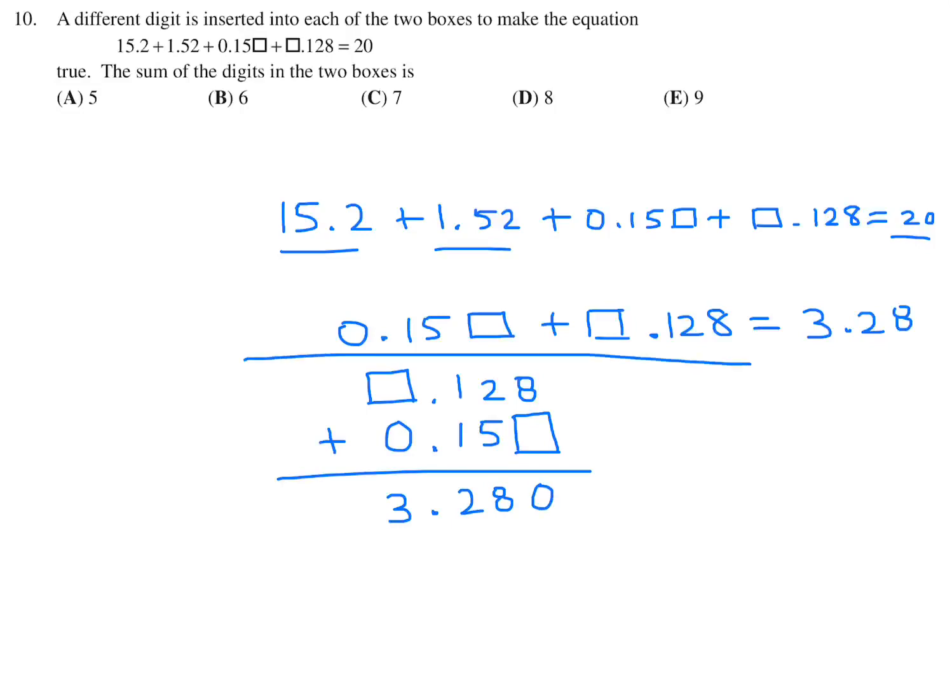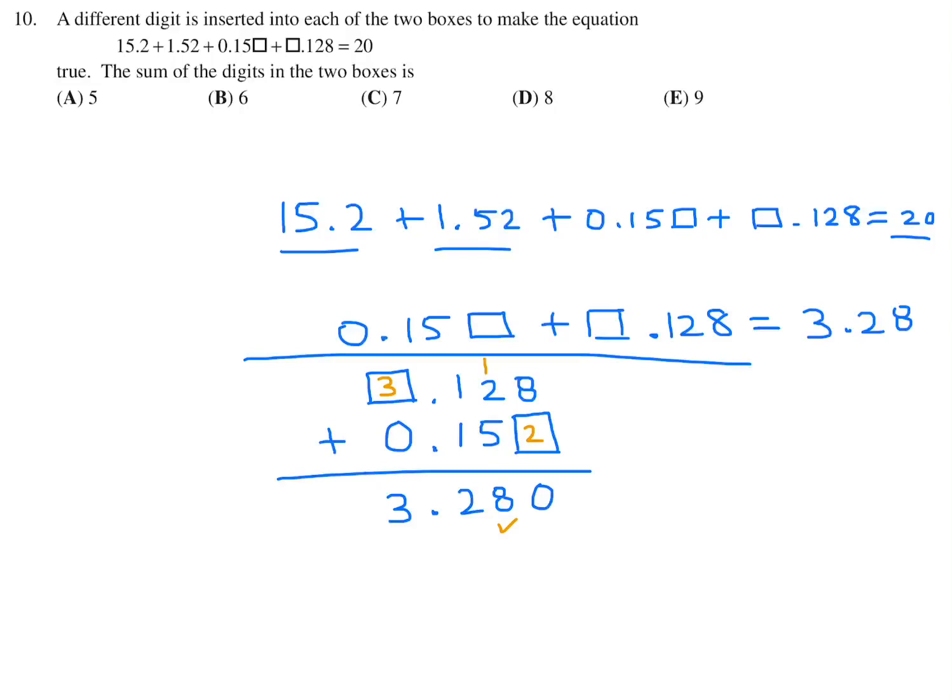So here we go. So 8 plus something is equal to 0. All right, well, it's got to be a 2, right? Because if 8 plus 2 is 10, then you put the 0 there and carry the 1. So 1 plus 2 plus 5 is indeed 8, so that checks out. 1 plus 1 is 2, and therefore this box plus 0 is 3, therefore that's got to be a 3.